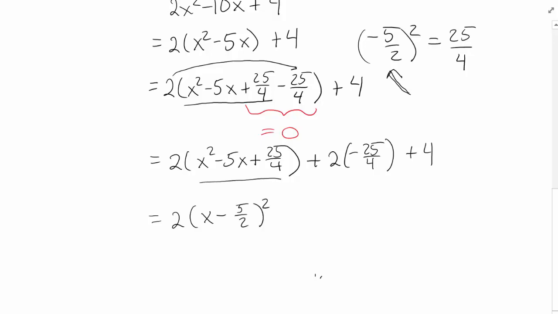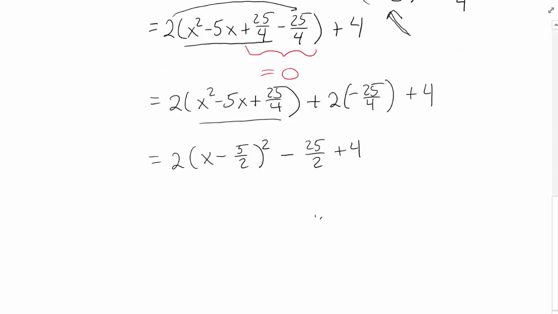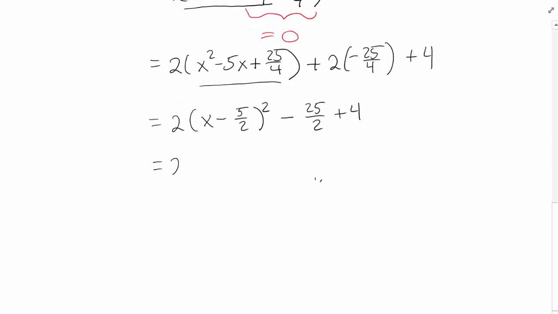And then doing some algebra over here, the 2's cancel. So I have a 25/2 now instead of a 25/4, and then a plus 4. And I would like to combine those last 2 numbers. So I have 2 times x minus 5 halves, quantity squared, a minus 25/2 plus 8/2.